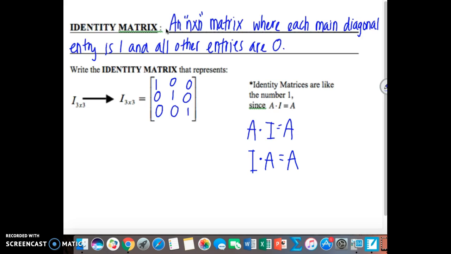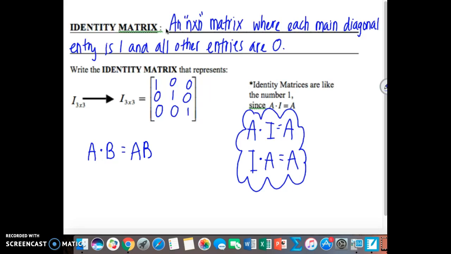And that just follows because multiplication is not always commutative with matrices, but multiplication is always commutative when just talking about pure multiplication. But with this being said, it's important to understand that when we multiply two matrices, so let's say we have matrix A and matrix B, if we take matrix A times B, that equals AB.